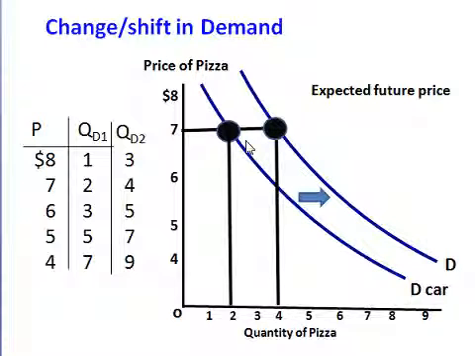Suppose in future the price of car will go up. So we should buy today, because today the price of car is still cheaper, but in future it will go up. So the entire demand curve for car will shift right.